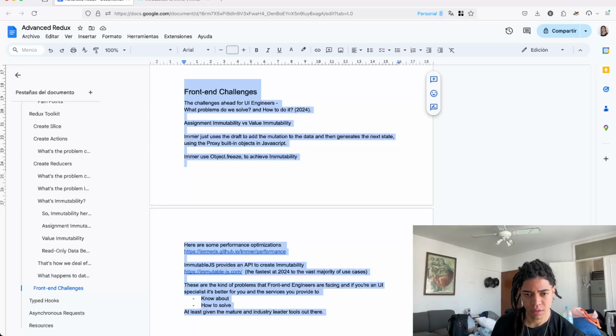Assignment immutability. Of the solutions.